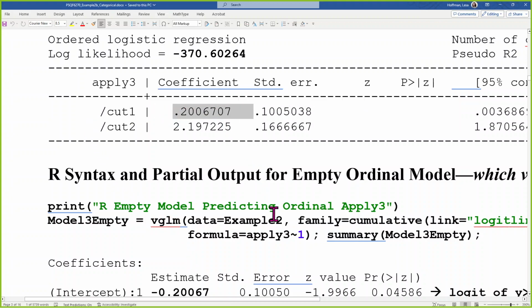These things are thresholds. They are the point on the pretend underlying distribution where you are more likely to be in the higher category. They correspond mathematically to the logit of the probability of the 0 instead of the 1.